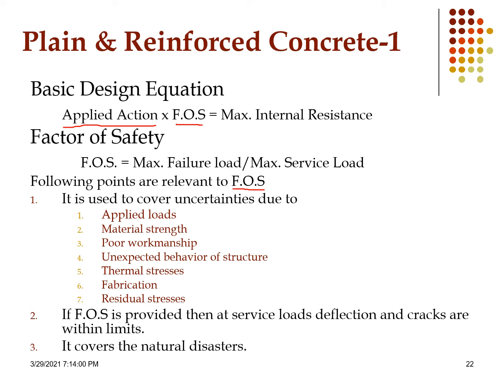In order to cover uncertainties due to applied load, due to material strength, uncertainty due to poor workmanship, uncertainty due to unexpected behavior of structure, due to thermal stresses, due to fabrication processes, or due to residual stresses. Also, factor of safety is provided in order to cover natural disasters.